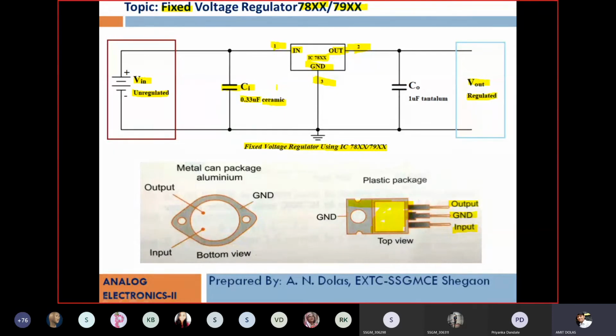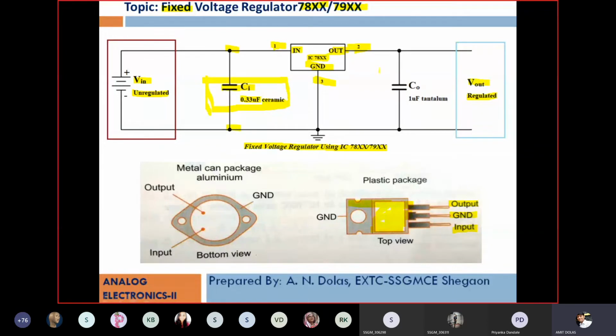There will be a connection between them, say a wire or a copper track on PCB. So there might be some inductive effect on that. To reduce the inductive effect, a 0.33 microfarad capacitor is recommended by the manufacturer across the input.